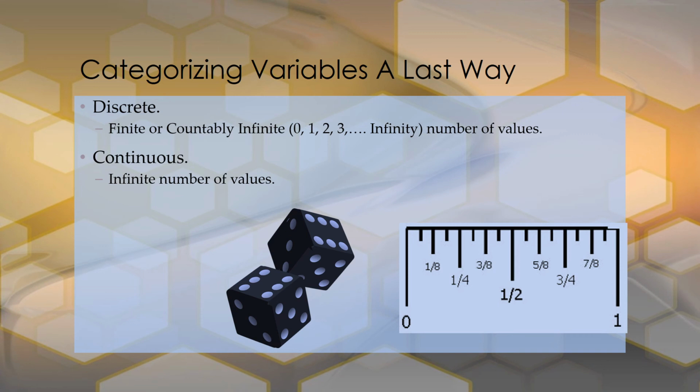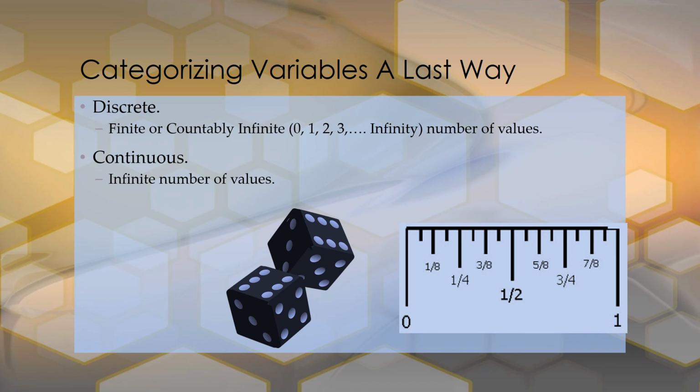And what I mean by countably infinite is that they take on discrete numbers, but those numbers might go on forever. So, for example, the number of children. Somewhere you're probably going to end it, but hypothetically, someone can have an infinite amount of children. But we can count these numbers of children, and we're going 0, 1, 2, 3, 4, 5, 6, 7, and so on. We don't have half a child or 3/4 of a child. We don't have anything in between, and that's what it means by discrete.